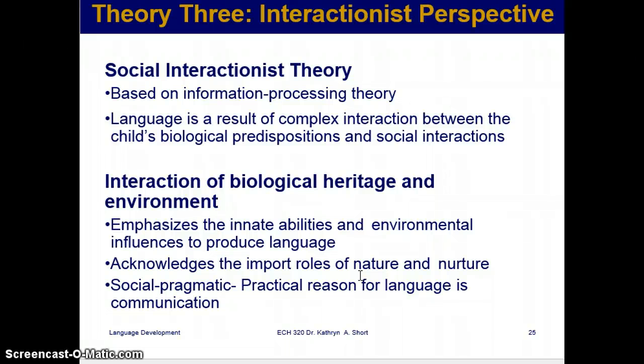Point 1 emphasizes innate abilities and environmental influences to produce language. Point 2 acknowledges the important roles of nature and nurture. So in a way, this third theory combines the first two theories.